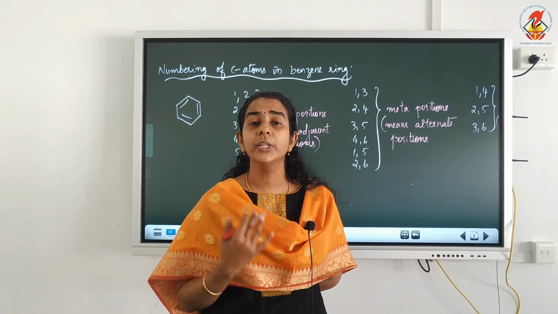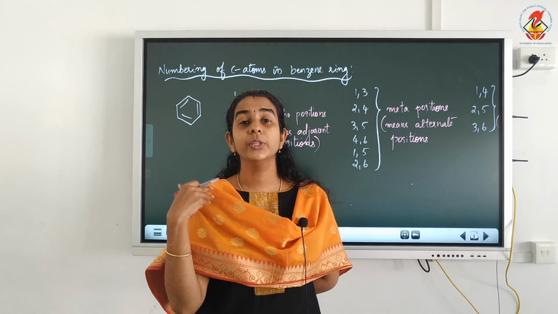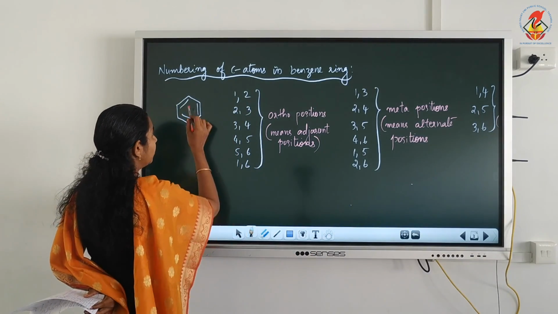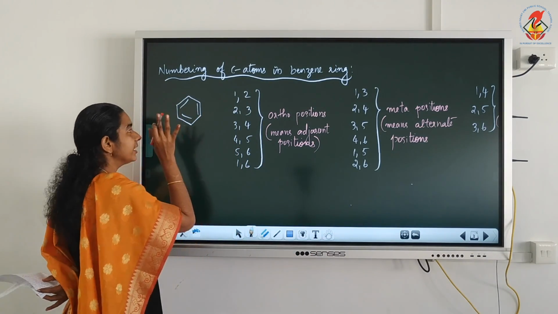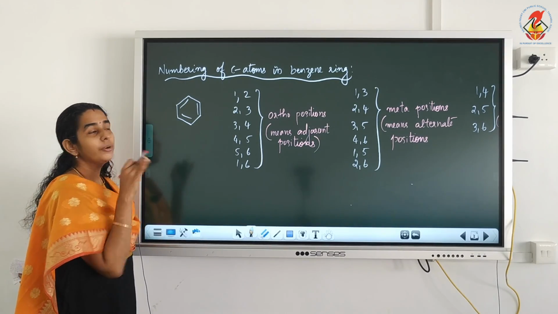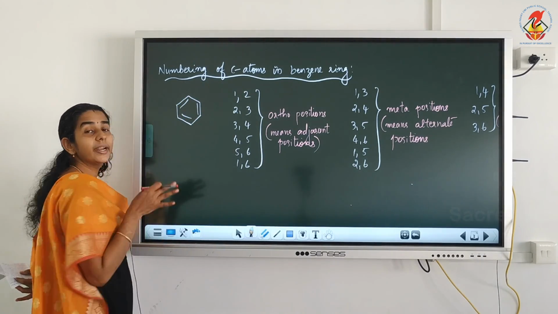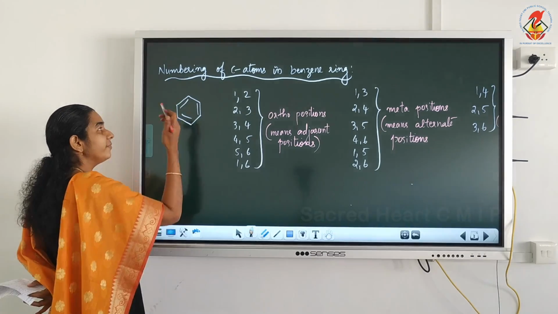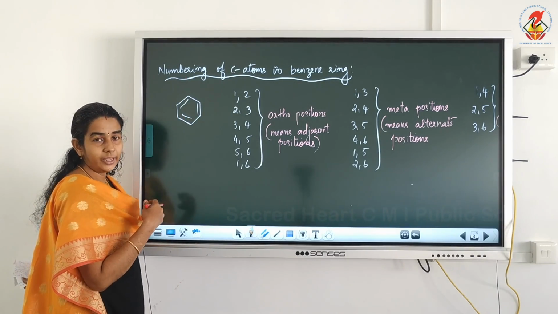So how can we do the numbering of a benzene ring? This is a benzene ring. If it is a simple ring, all 6 carbon atoms are in equivalent positions. So from wherever you want, you can start numbering.